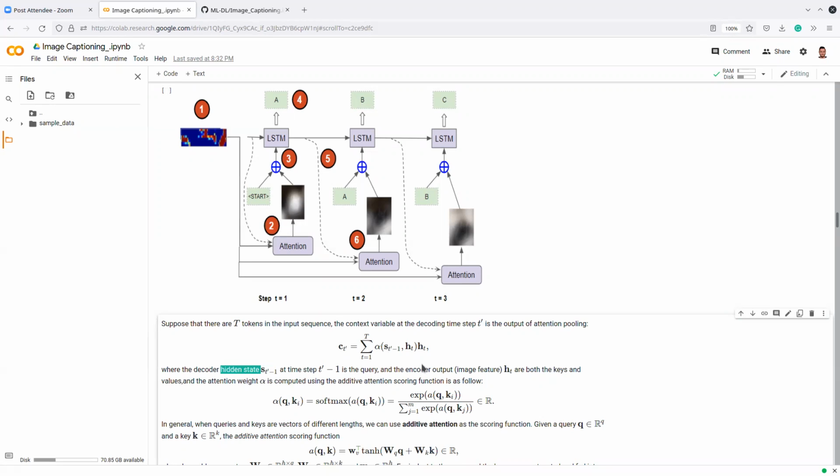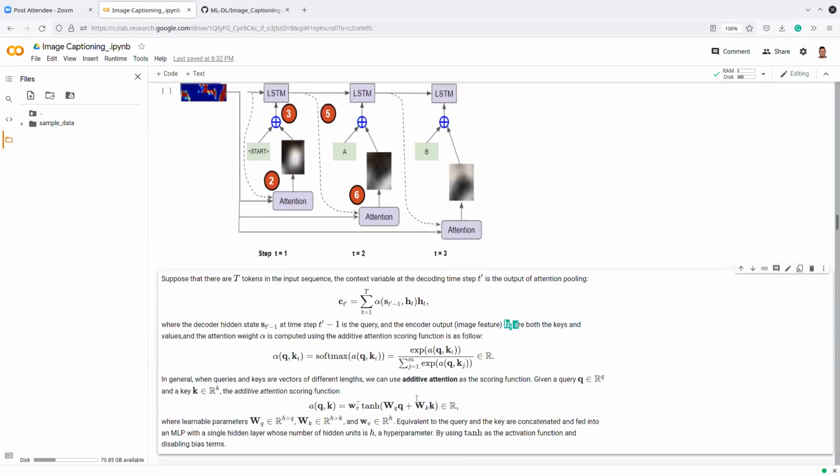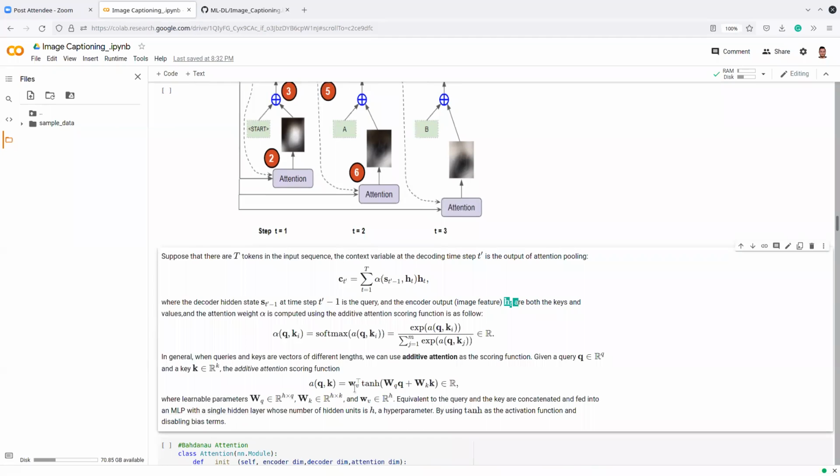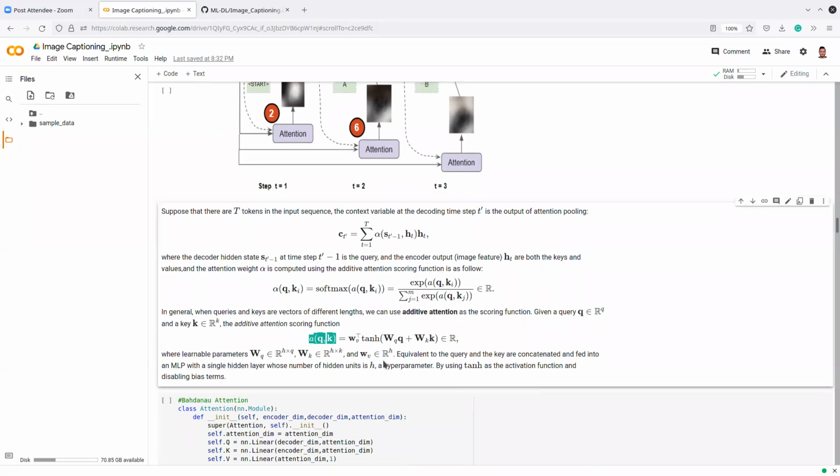From this query, we get the key. The key we get from the image. From the query and from the key, we generate an attention value. This attention value tells us how much our model should concentrate on this feature from the image.